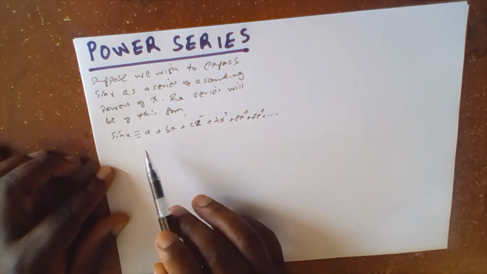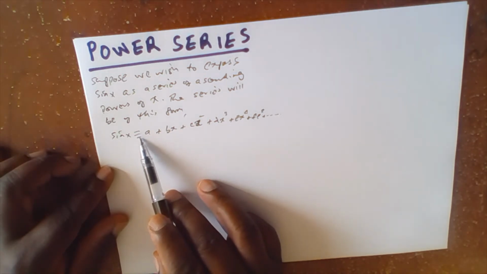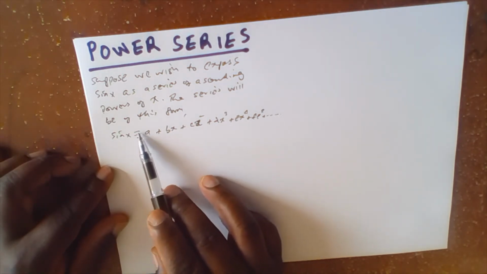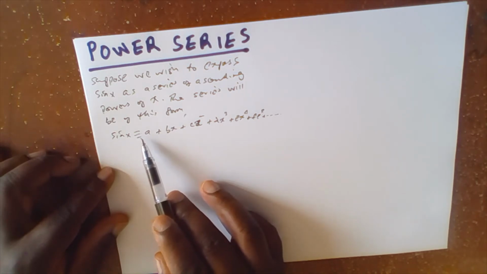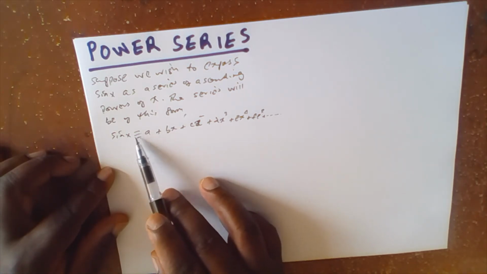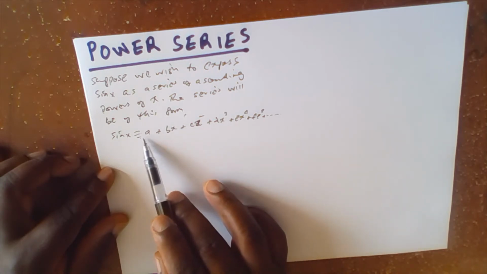Now, you notice that here we have used the equivalent sign, but not the usual equal sign. This means that this statement is not an equation, but it is an identity.